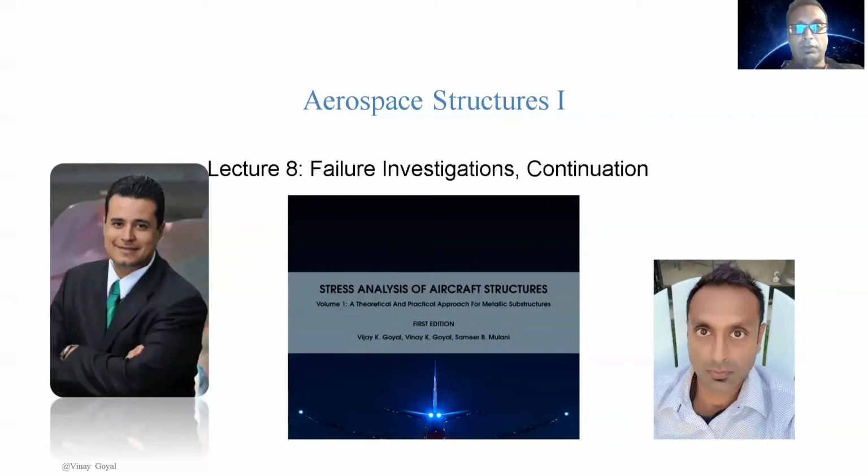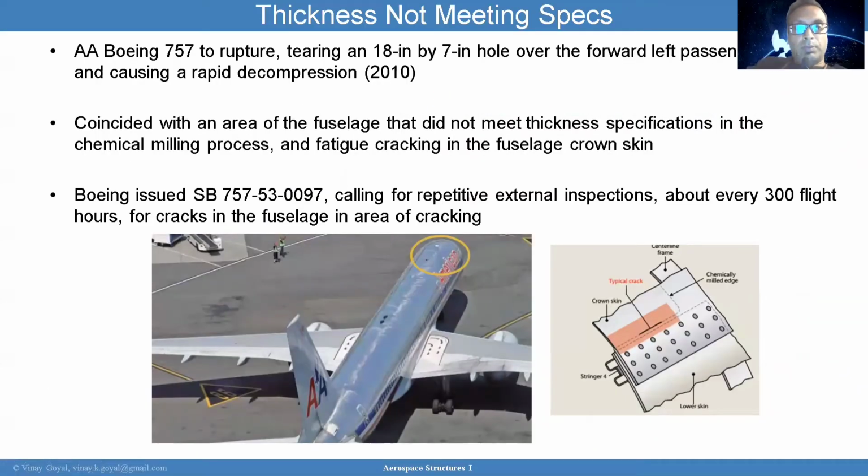Let's continue the idea of failure investigations. In the previous lecture, we discussed how a Boeing 757 experienced a rupture and it tore an 18 by 7-inch hole over the forward left passenger cabin.